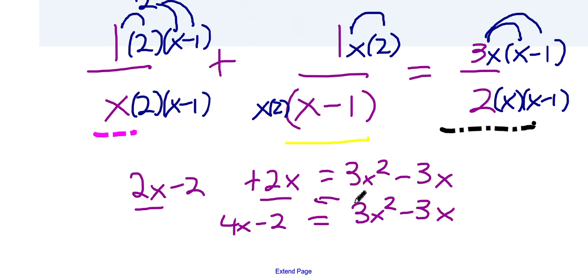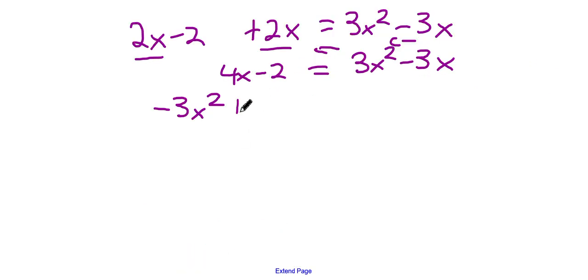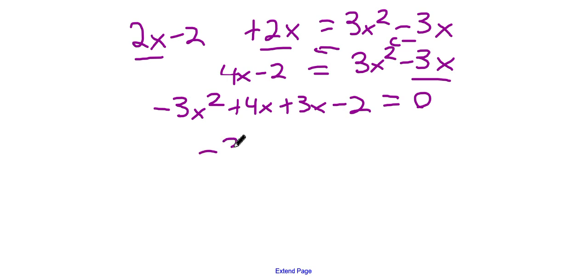Gonna move it all to the left. I'm going to get minus 3X squared. I'm going to get 4X plus 3X, because see that minus 3X on the right becomes plus 3X on the left, and that stays as a minus 2. Now, I'm going to add the middle section together. Now, here's where it gets a bit awkward.